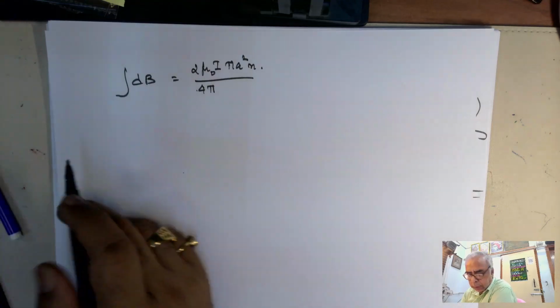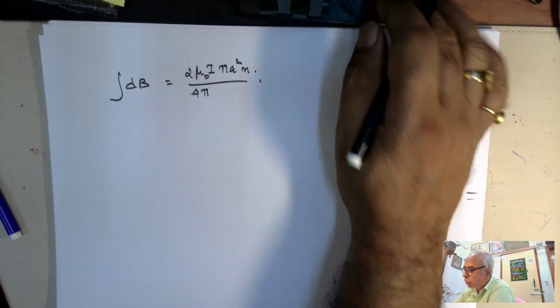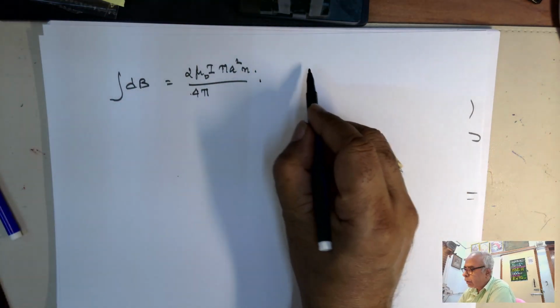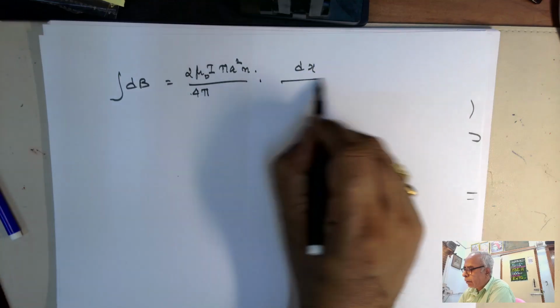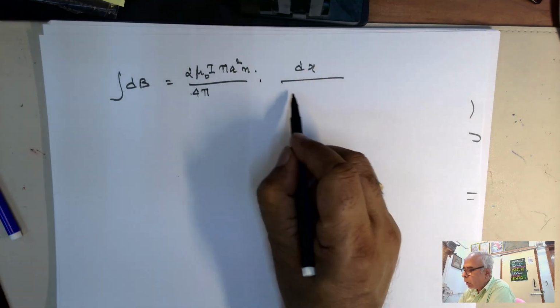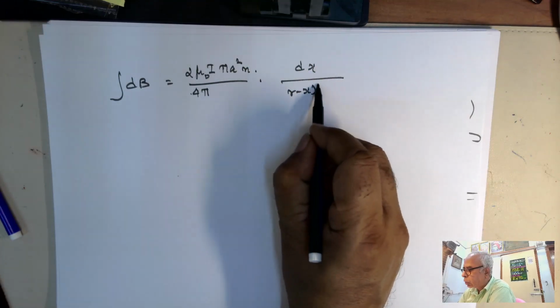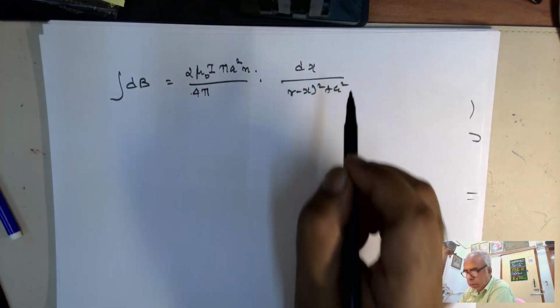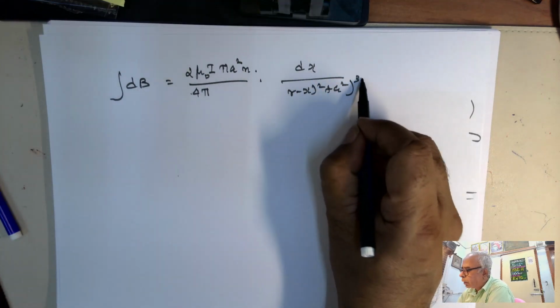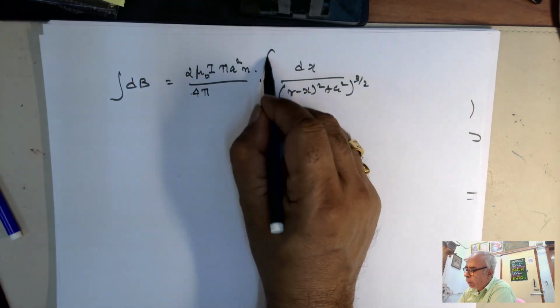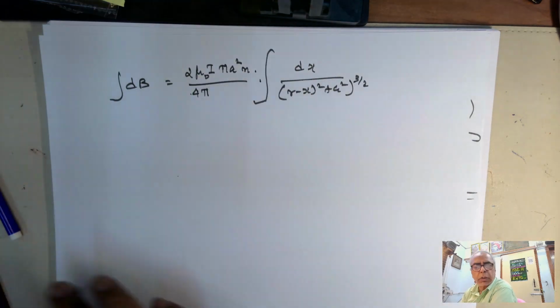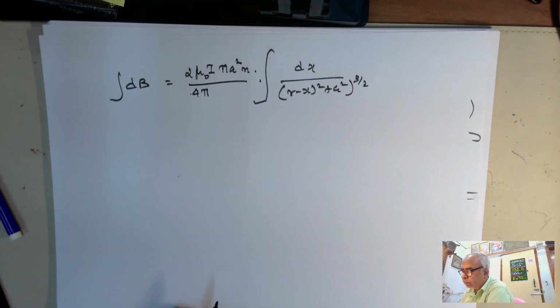So you have to include that into the integral, dx divided by r minus x the whole squared plus a squared whole power 3 by 2. You have to integrate here. These are all constants.